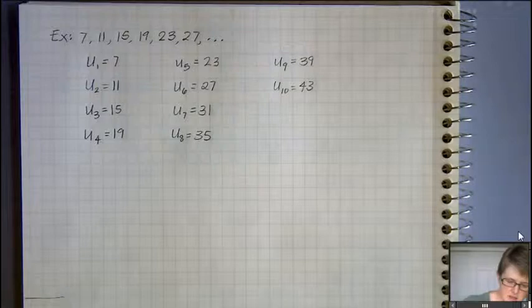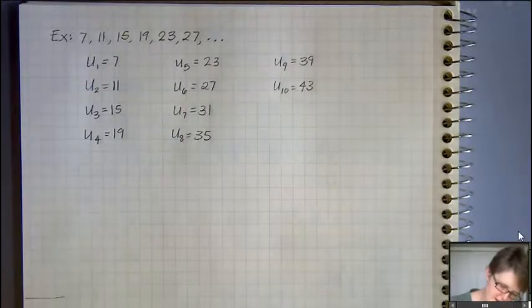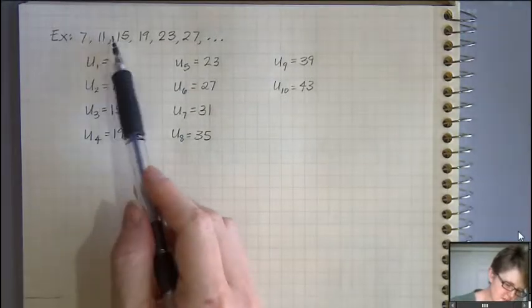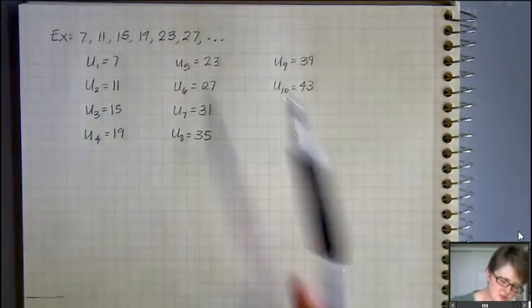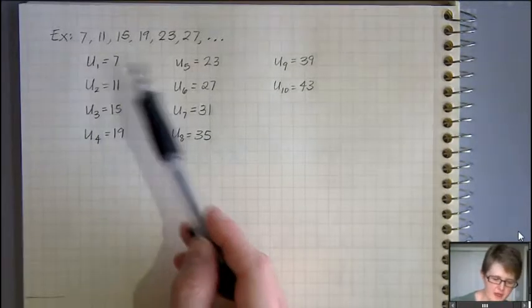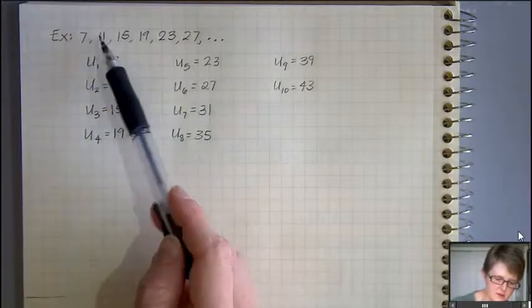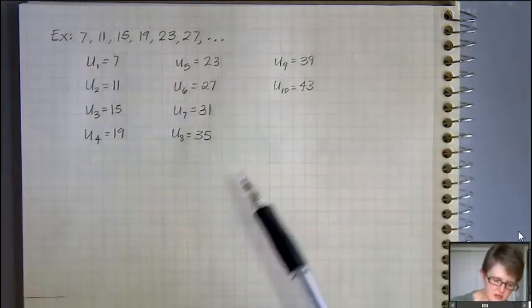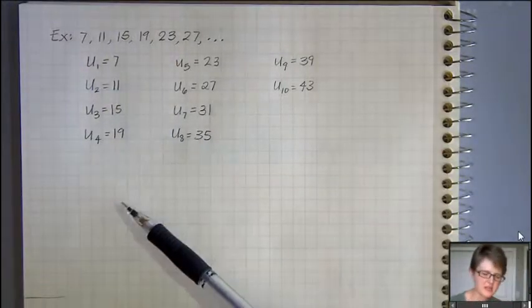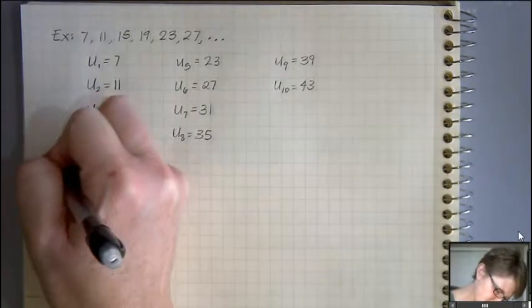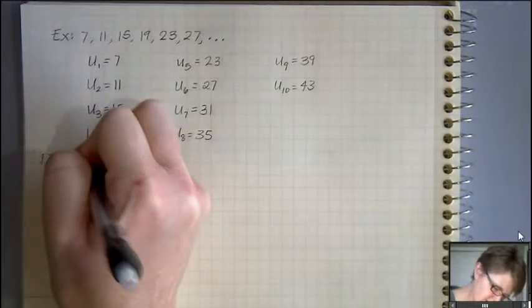Okay, that's wonderful. Now, what if somebody didn't have this list in front of them and you wanted to describe or define to them this sequence without giving them the actual numbers? You want to tell them the pattern. So, describing sequences.